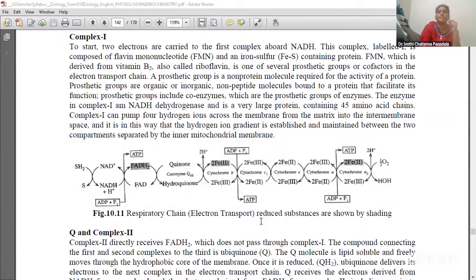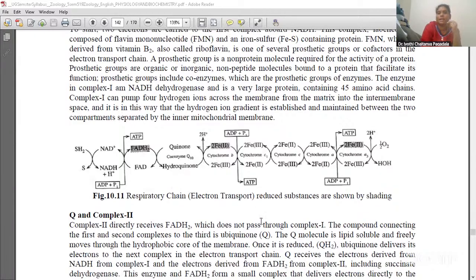Once it is reduced, it becomes QH2. Ubiquinone delivers its electrons to the next complex in the electron transport chain. Ubiquinone receives the electrons derived from NADH from complex 1 and electrons derived from FADH2 from complex 2, which includes succinate dehydrogenase.